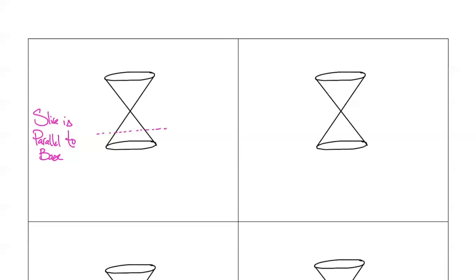So I'm making a slice that is parallel to the base. I could make one up here that's parallel to that base. Could make one maybe down here that would be parallel to that base. And all of these slices, it turns out, as Dallas says, are circles.